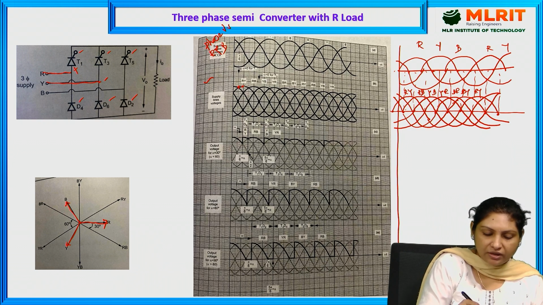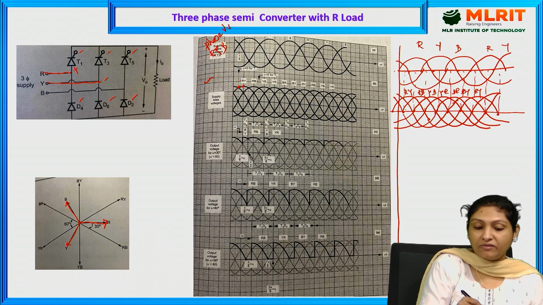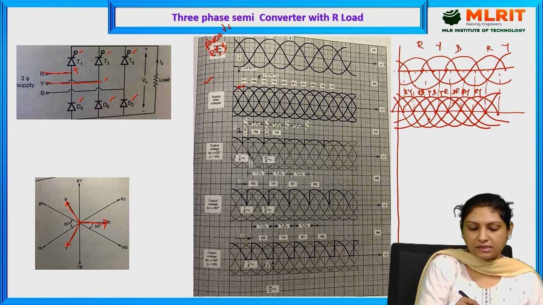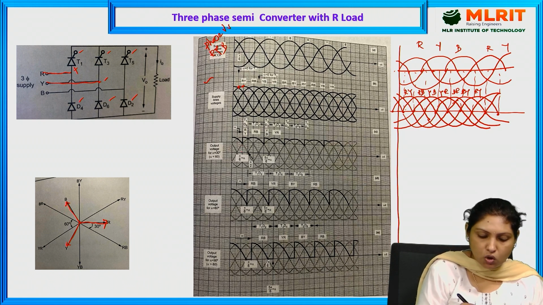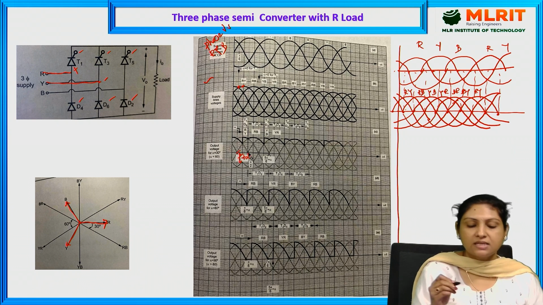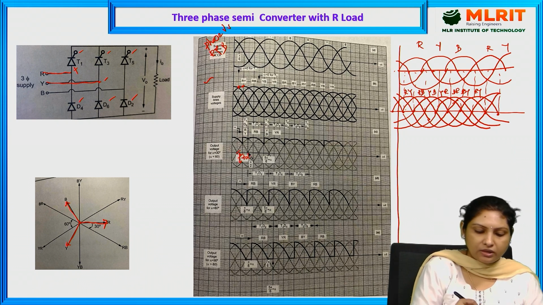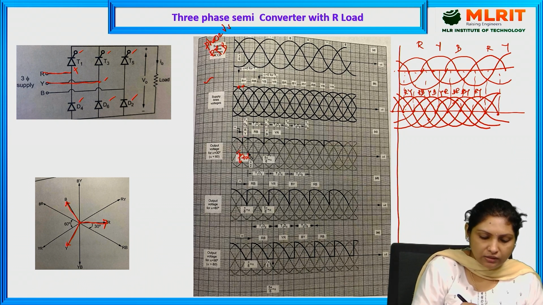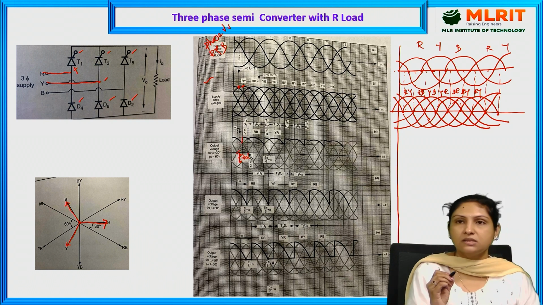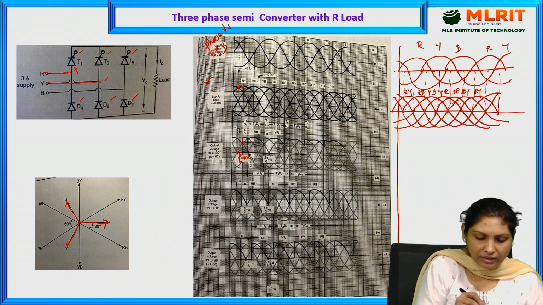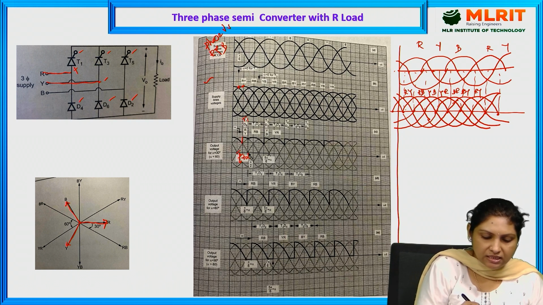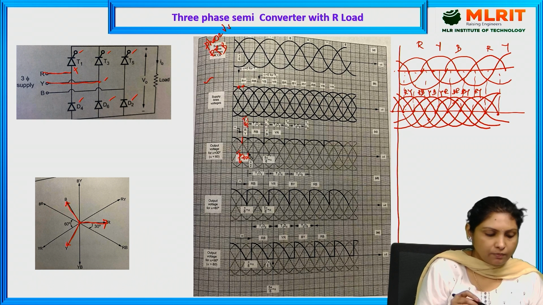Say this zero crossing is pi by 6, where alpha is equal to 30 degrees. That means at this instant, pi by 6 plus alpha, our devices start conducting. Okay, so here this is RY.